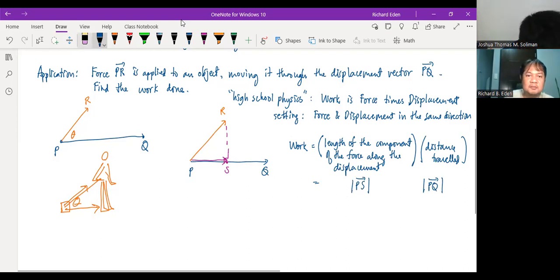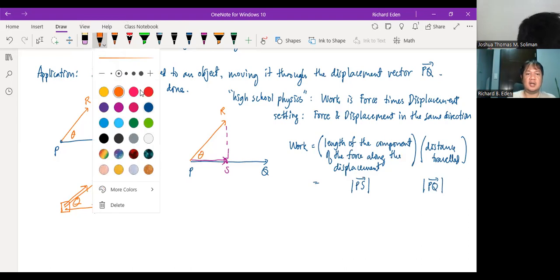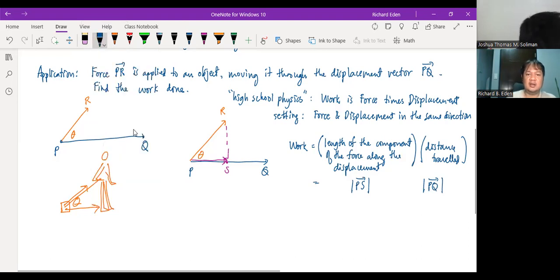Okay. However, if theta is the angle between the force PR and the displacement vector PQ, then we can use trigonometry and observe that the cosine of theta is equal to the length of vector PS divided by the length of vector PR. Right?